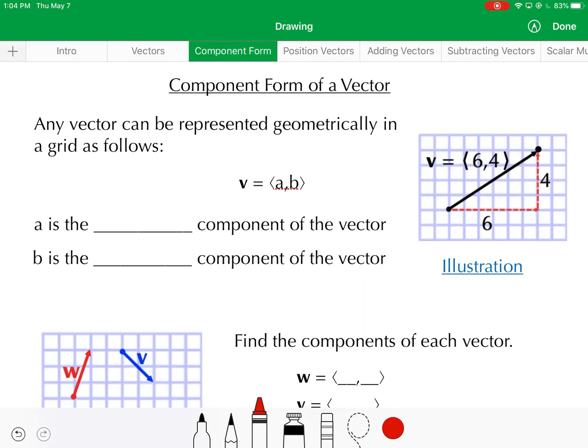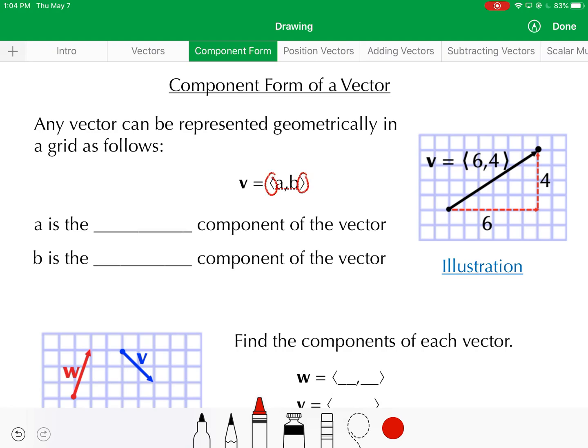Okay. All right, now we can represent vectors with what's known as component form geometrically in a grid. Okay, so vector V has components here of a and b. Now notice this looks a lot like an ordered pair, except instead of parentheses we use these little angle brackets.